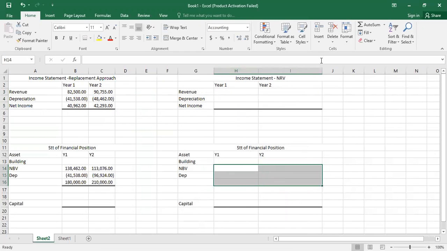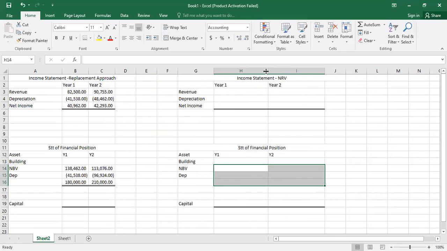As we ponder that, let us try to do the NRV, the net realizable value approach. And for the net realizable approach, we've been told the net realizable value for the building is 135,000 and 120,000 at the end of year 1 and year 2 respectively.